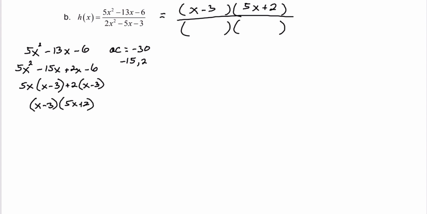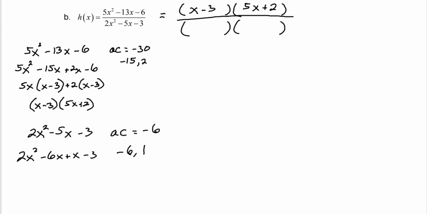And then for the denominator, again, we need to use the AC method. AC is -6. Two numbers that multiply to -6 and add to -5 are -6 and 1. So 2x squared minus 6x plus x minus 3.